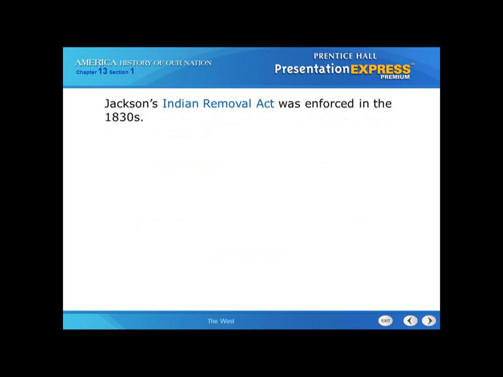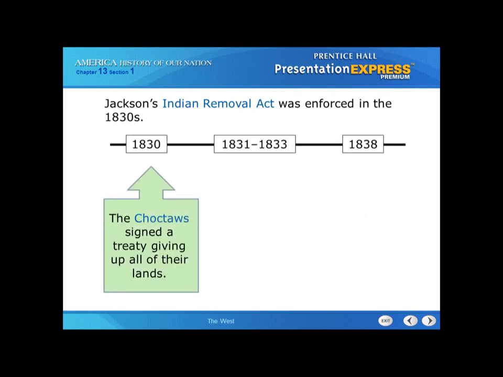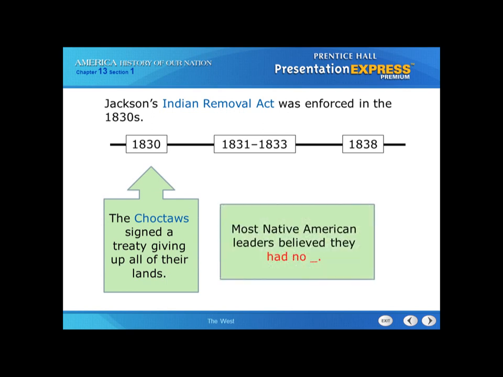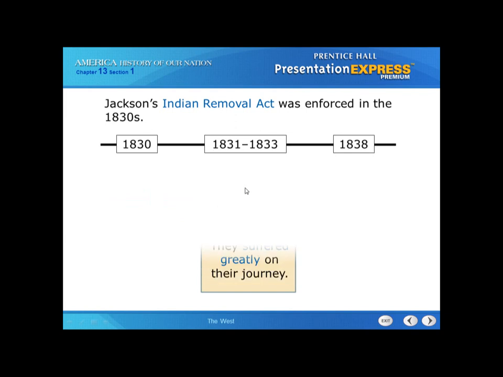Jackson's Indian Removal Act was enforced in the 1830s. The Choctaw signed a treaty giving up all of their lands. Most Native American leaders believed they had no choice. So again, the Choctaw sign a treaty, they move on.